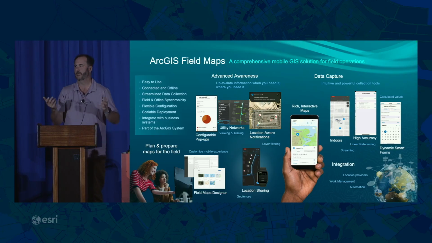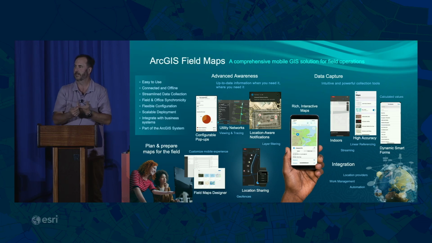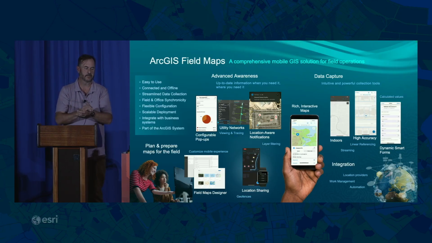And what we did was we brought together into a one-app experience previous applications that you might have used with ArcGIS Collector, ArcGIS Explorer, and ArcGIS Tracker, so that we could have one experience for data capture, improving awareness, and exploring and working with maps.